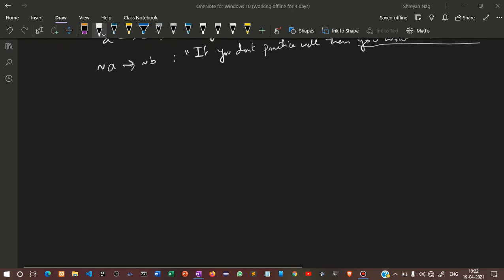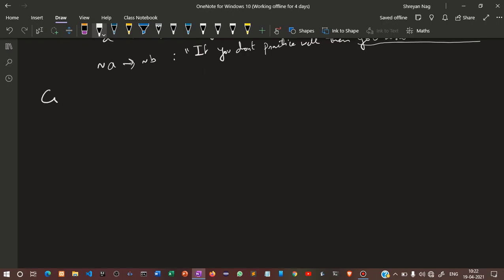Now we will talk about contrapositive. Contrapositive is a combination of both the converse statement and the inverse statement. In the converse statement, we interchange the antecedent and consequent.